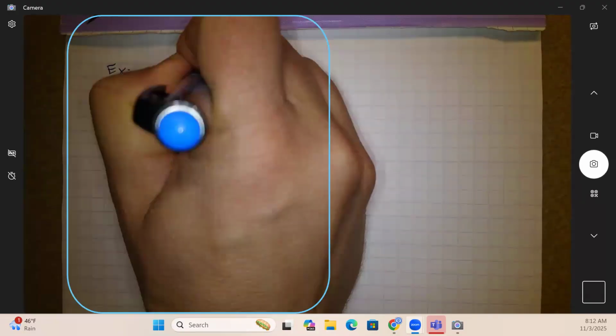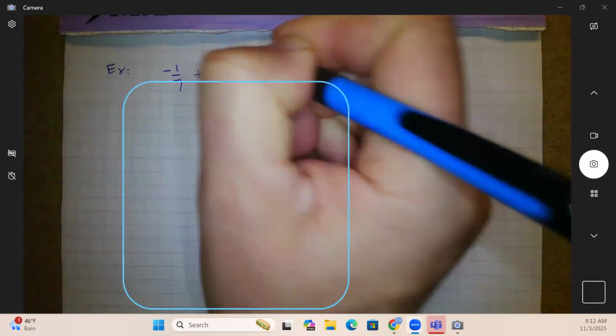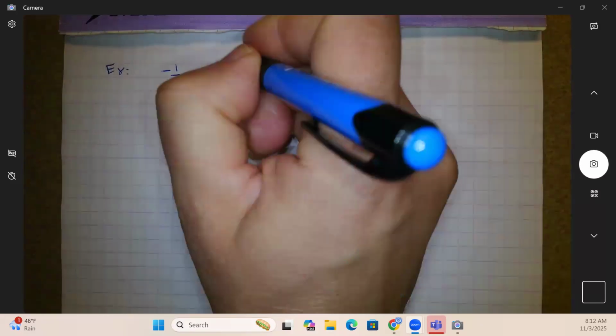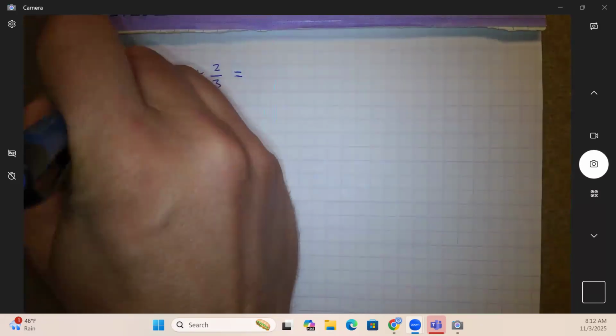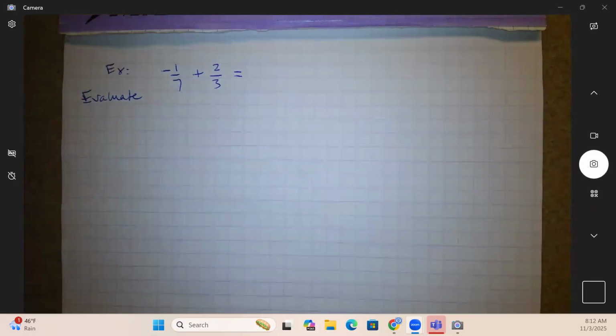All right, so let's do 2 simple examples and then some complicated examples. In fact, let's do the -1/7 plus the 2/3. And I want to evaluate that expression, right? Combine those terms together and make it simpler.